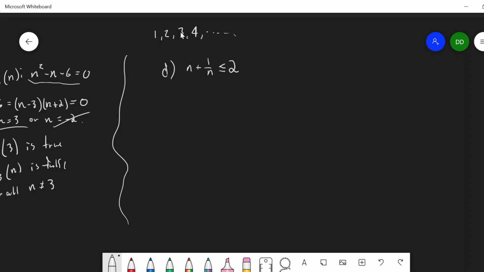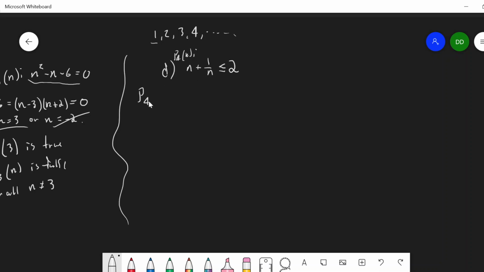And it's not too hard to see that if I plug anything else bigger than 2 into this, I'll necessarily be greater than 2. So pretty quickly we can see that the only thing we should check is when n is 1. So we can identify, this should be P4 of n is this statement.